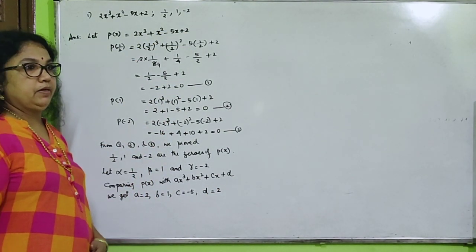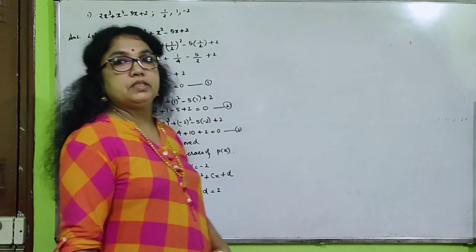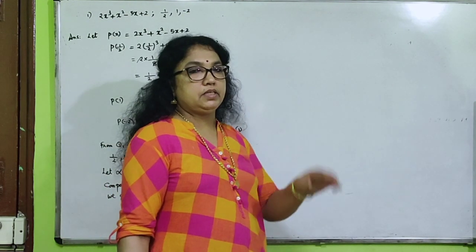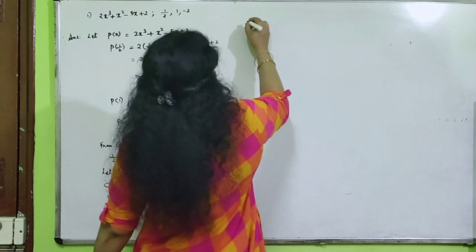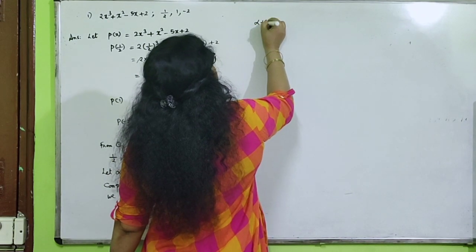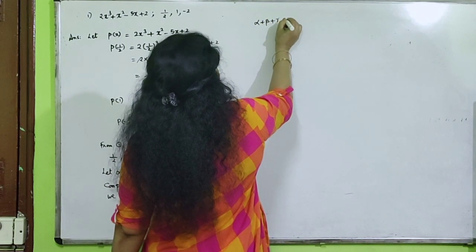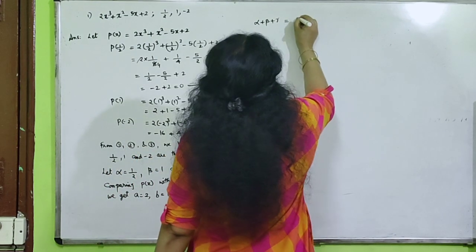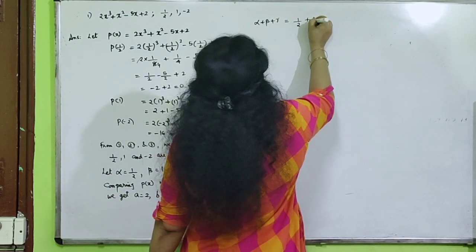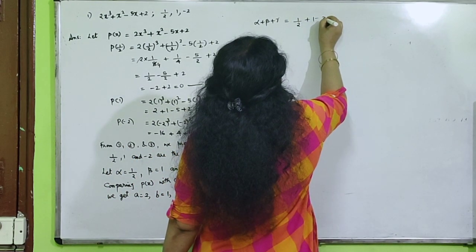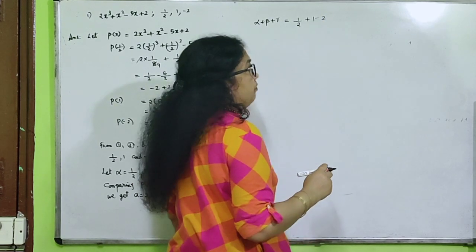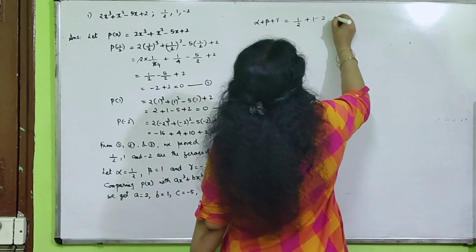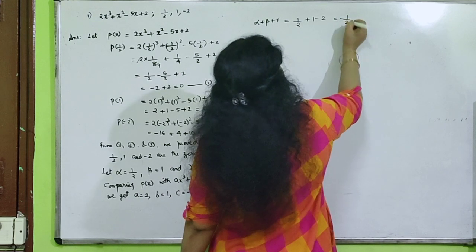Now first, proof: the sum of the three zeros. Verification for it: alpha plus beta plus gamma equals half plus 1 minus 2. Half plus 1 is 1 and a half, minus 2 is minus half. That is minus half.